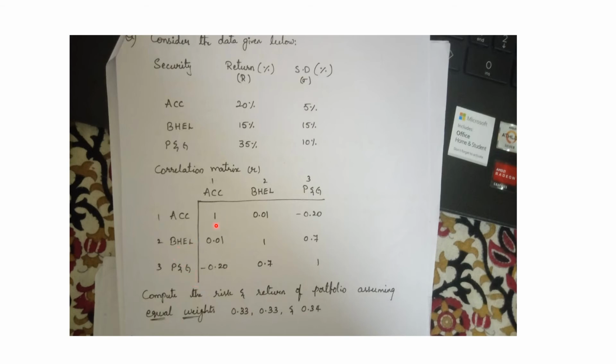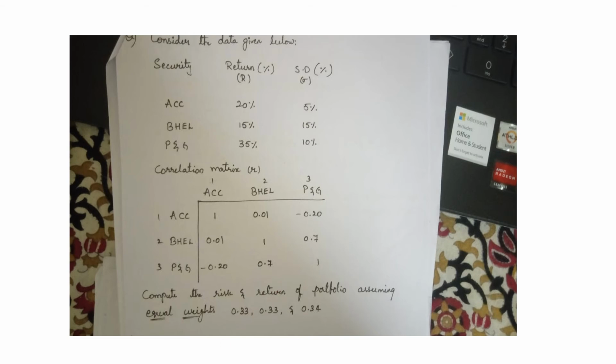Like we have seen, the relationship between the first security and the first security is 1, and second with second will be 1, and third with third will be 1.